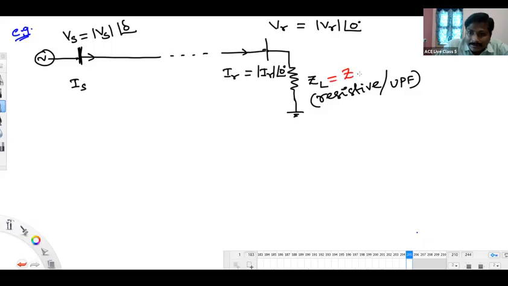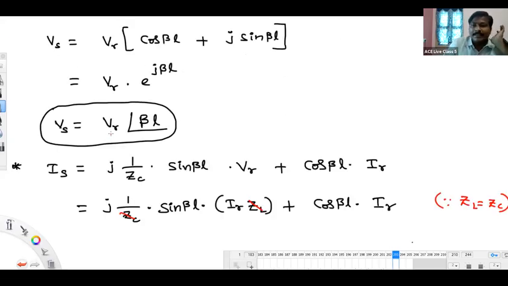ZL equals ZC. VR I will keep as mod VR at angle 0, and IR as mod IR at angle 0. But you calculated Vs and Is, right? What is Vs here?